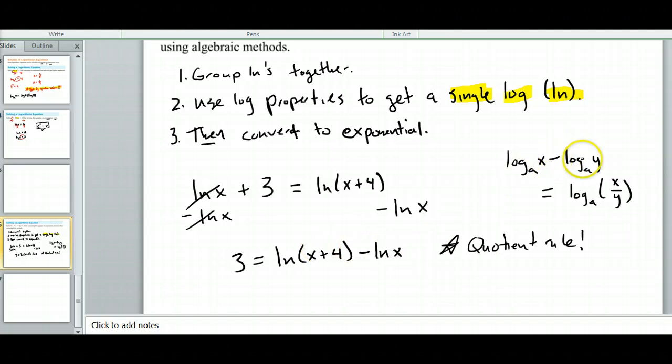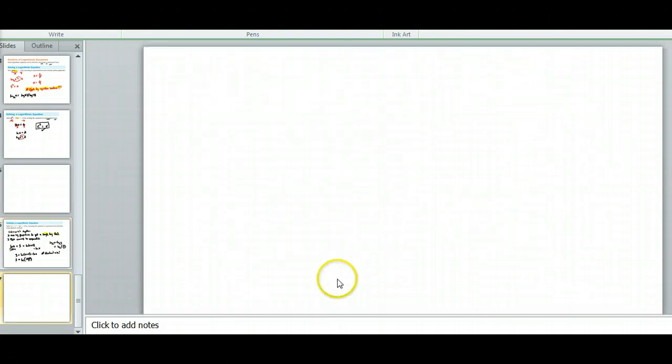So I have subtraction. I can combine them into a single logarithm and put whatever comes before the minus sign up top, whatever comes after the minus sign, put it down below. So this is going to be x plus 4 over x. That's what 3 is equal to. So these combine to this, and now we're going to work with this equation.